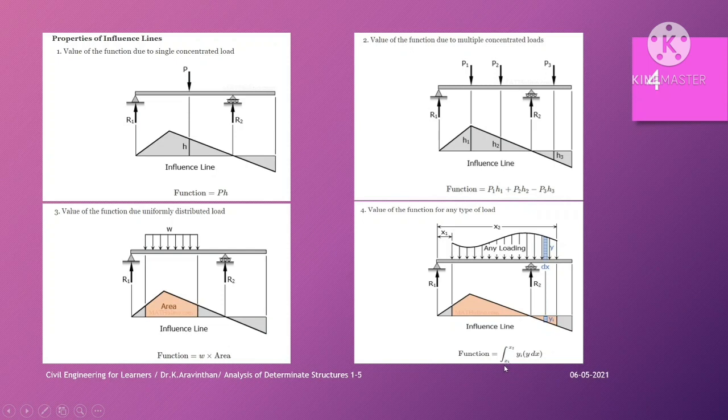So this will be integrating from x1 to x2, where x1 is the initial distance and x2 is the final distance of the varying load. You can calculate the area and use it to find the structural function.